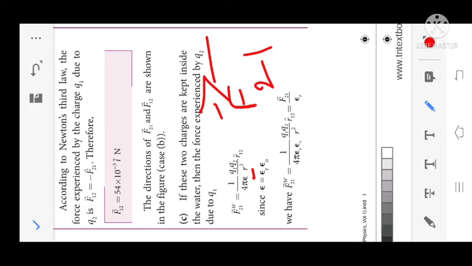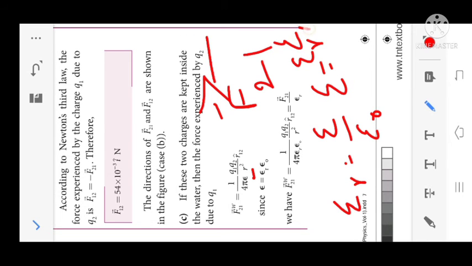So that's why epsilon is there, Q1 Q2 by r squared, r cap, and other terms are the same. What is epsilon? We know that epsilon R is equal to epsilon by epsilon naught. So epsilon is equal to epsilon R into epsilon naught. Hence the equation, F21 of water is equal to, instead of epsilon, here we use epsilon R into epsilon naught.